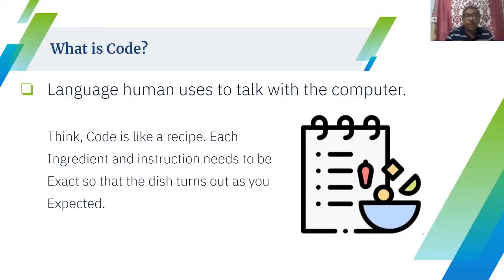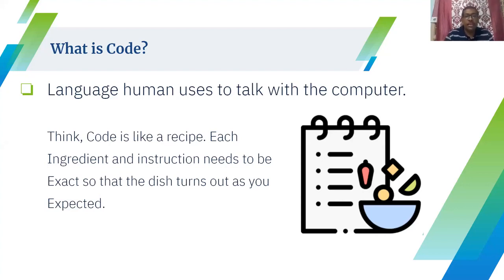First of all, we should know what code is, right? It is what humans use to talk with the computer. The language where the human speaks with the computer, we call it code. We can compare it with a recipe, like how your mother prepares a recipe.